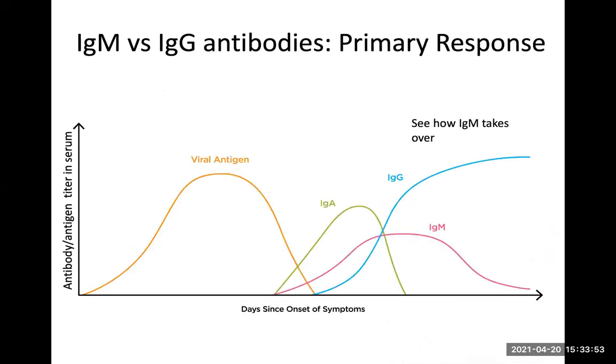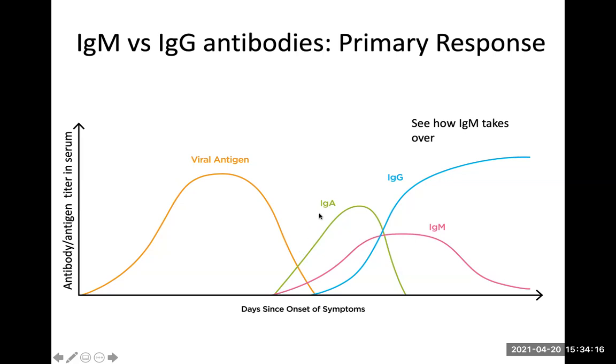Okay. So you first get exposed to, let's say, a virus. So we have a lot of viral antigen in our serum during the peak of that infection. This immediately triggers an immune response, but remember, it takes 7 to 10 days to make antibodies.